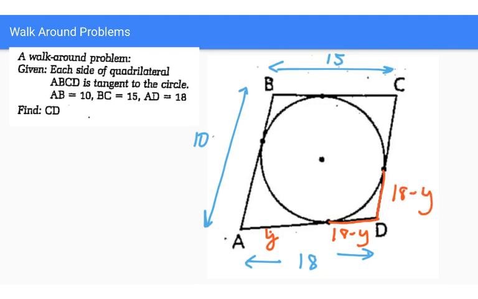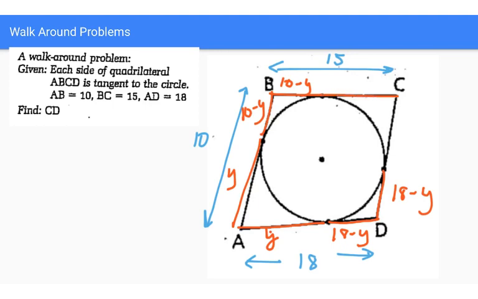Okay, so let's walk around and see what else we know. So if this segment from here to here is Y, then so is this, and this is 10 minus Y, and then that means this is 10 minus Y. Oh, and here's a little bit trickier part that we have to be really careful with.